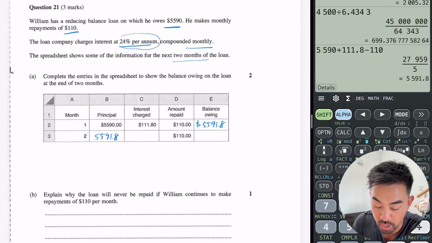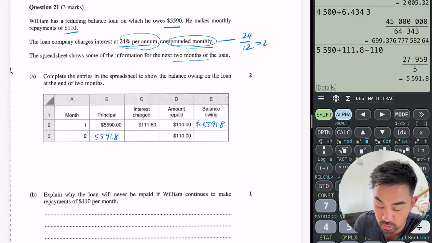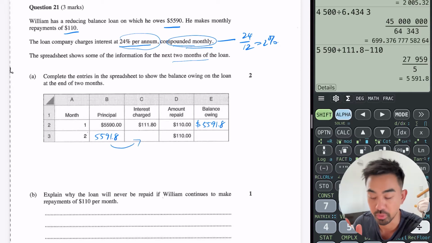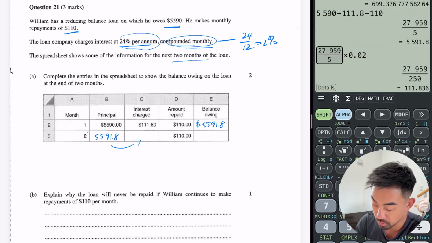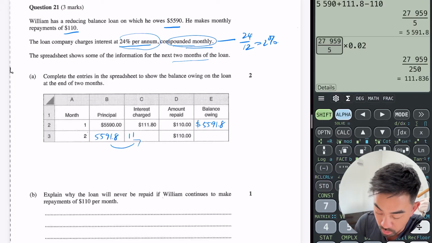Okay, now we're going to work out the interest charge. So it's 24% per annum compounded monthly. So that is 24 divided by 12. That's 2%. And because I'm just doing it per month, I don't need to put in the formula. I just can do simple interest going across the cells. So I'm going to times this by 0.02. That's going to give me 111.84.